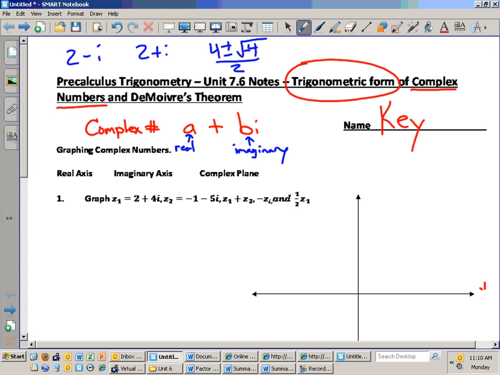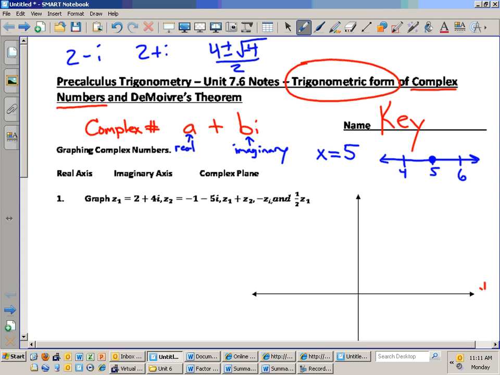Well, when we graph numbers, just to relate this to your previous knowledge, if you want to graph x equals 5, we draw a number line, and you write 4, 5, 6, and you put a circle.